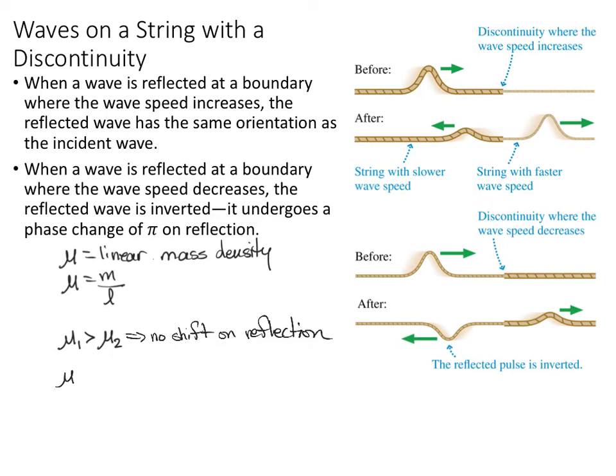But if we start with a smaller linear mass density and go to a bigger linear mass density, then we have a shift of 1 pi or 180 degrees.